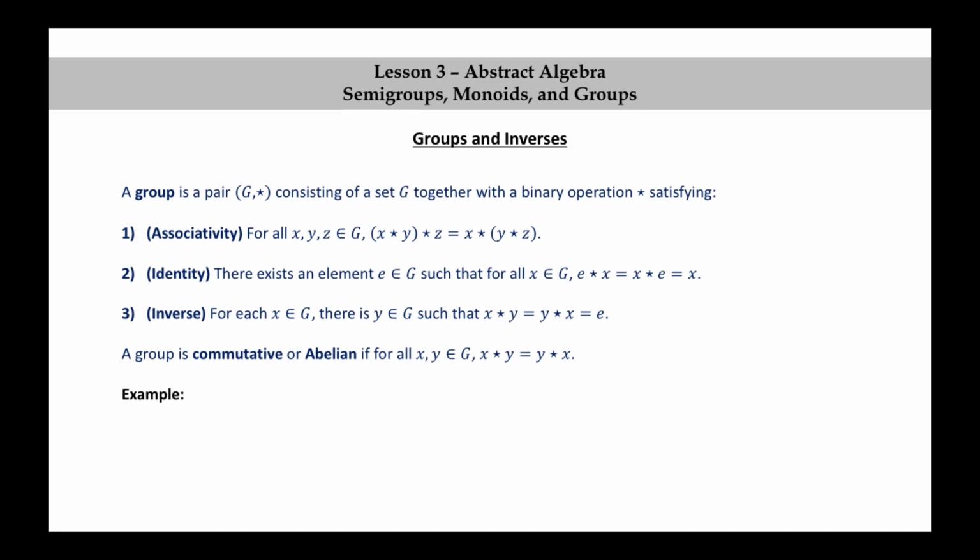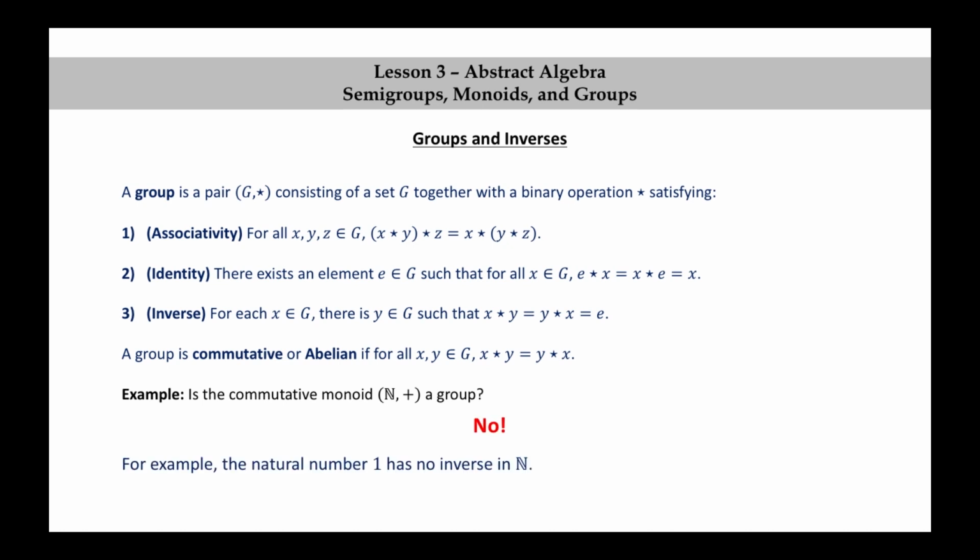Let's look at an example. Is the commutative monoid (Z, +) a group? Yes, it is. The inverse of any integer a is the integer -a. Another example. Is the commutative monoid (N, +) a group? No. For example, the natural number 1 has no inverse in the set of natural numbers.